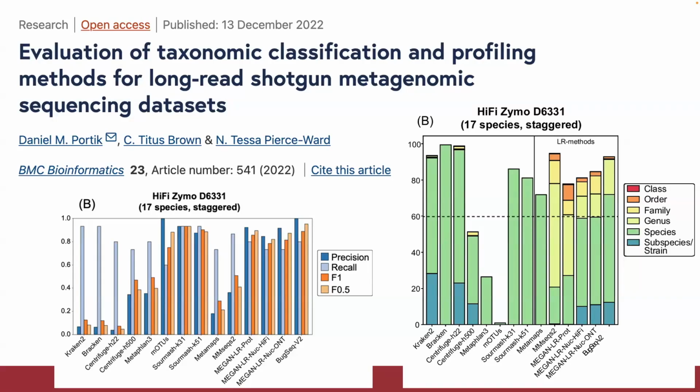Okay. Any questions about taxonomic annotation? Yes. The Bracken and Kraken, why does Bracken have less subspecies level? I don't know if it's less. I think it looks identical to me, doesn't it?